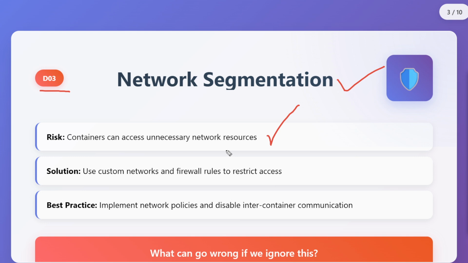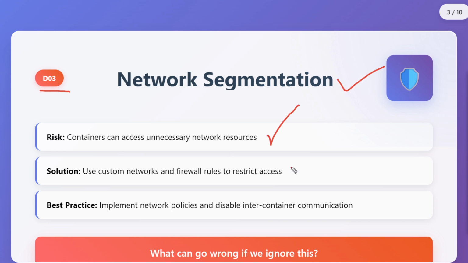By default, containers may communicate freely across the network using the Docker bridge network. This can expose some sensitive services or allow internal movement if one container is compromised, so it may cause problems to the other containers also.